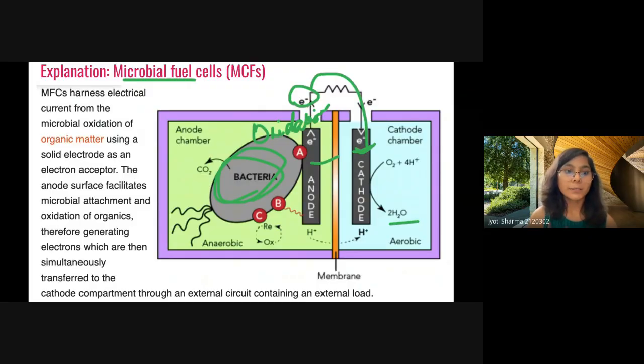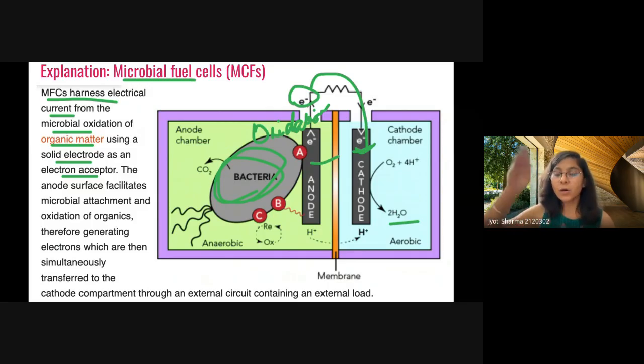Just see here, this microbial fuel cell harnesses electrical current from microbial oxidation of organic matter using a solid electrode as the electron acceptor. Whenever there is microbial oxidation of organic matter, the electron will be taken up by the anode and then transferred to the cathode, and this is how current will move on and electricity will be generated.